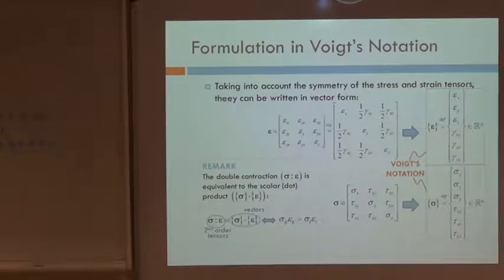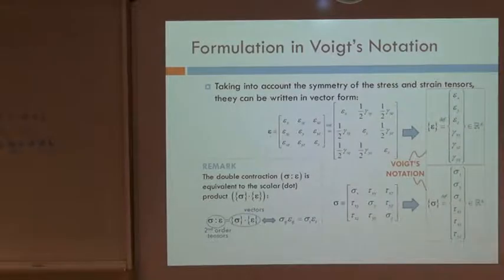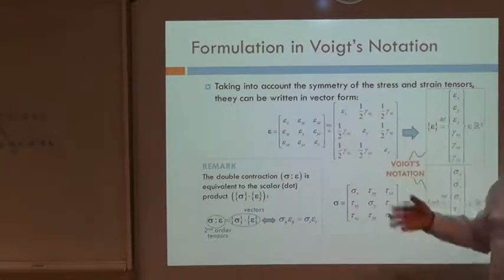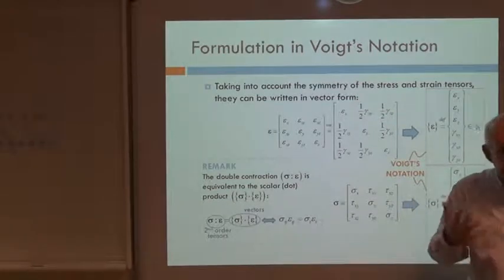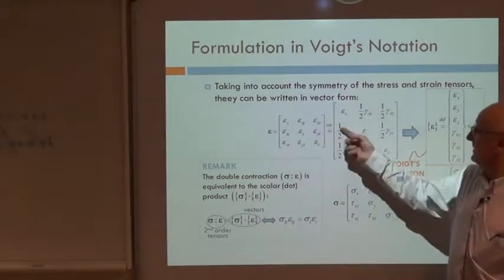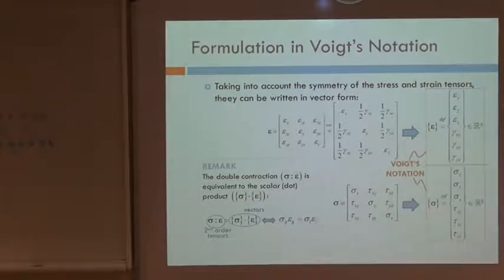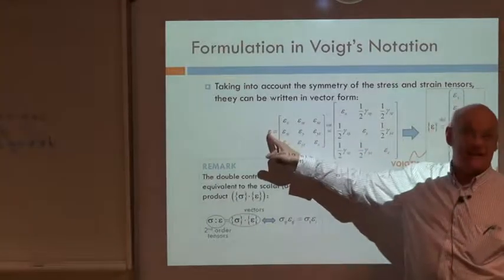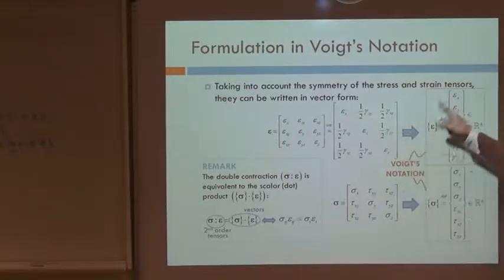So here is where an engineer came at this point and said, why do I have to work with 9 numbers if only 6 of them are different, the others are the same? Because these can be known and justified as we know that. And said, why can I not introduce another notation in which, instead of talking of the tensor of strains, I talk about a vector of strains, where these components can be placed in a certain order.